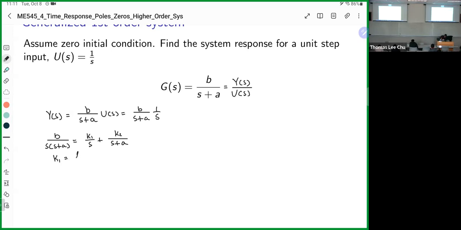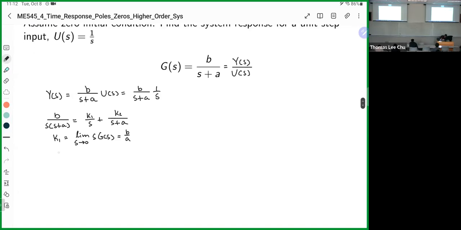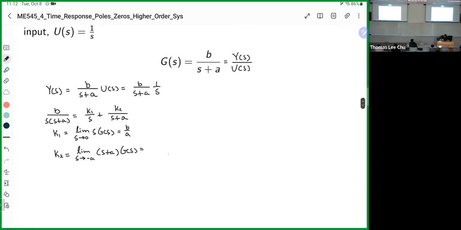K1 is just equal to the limit as S goes to 0 of S multiplied by G of S, and that's equal to B over A. Then K2 is the limit as S goes to minus A of S plus A multiplied by G of S, which is equal to minus B over A.